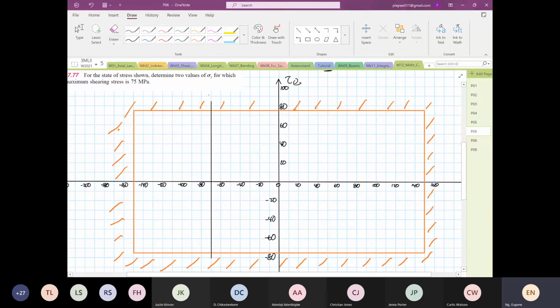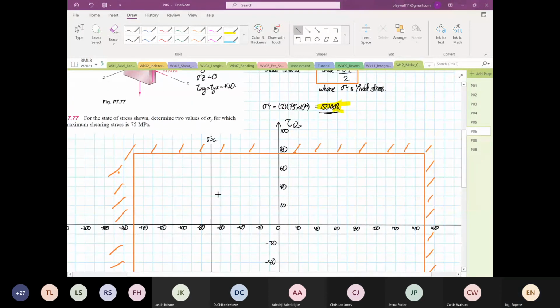So this is our stress X. Then we draw our shear at 40. So this is our shear line.